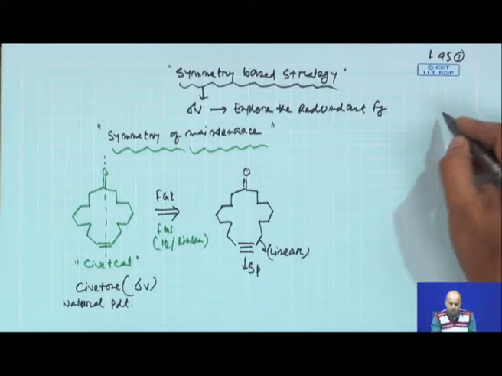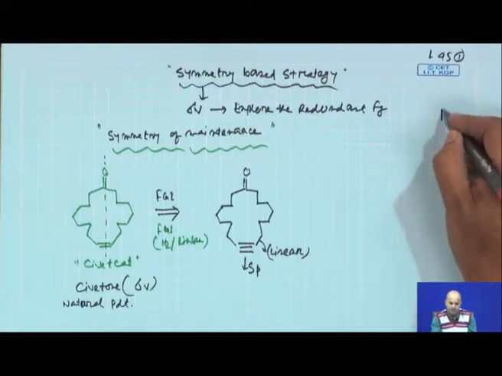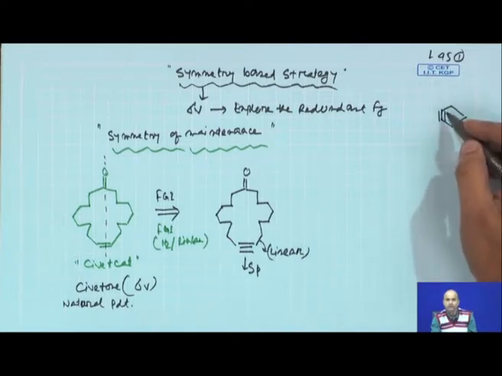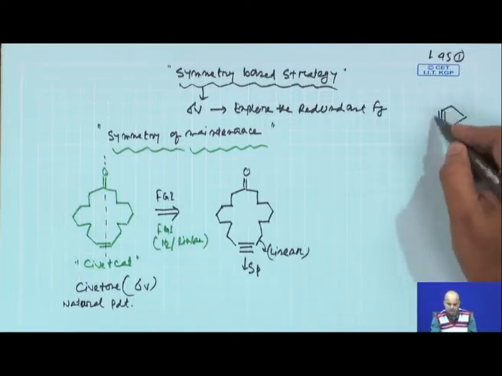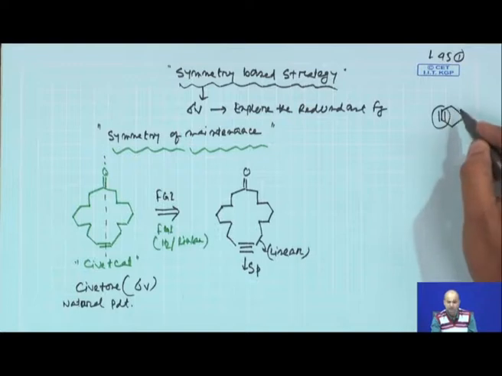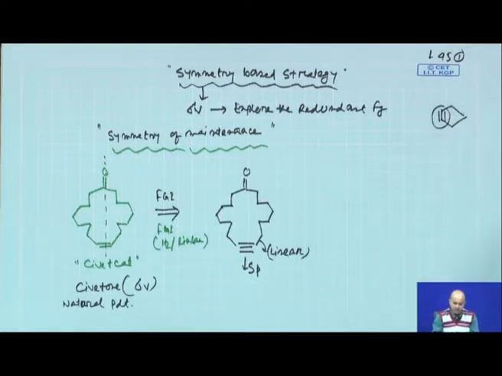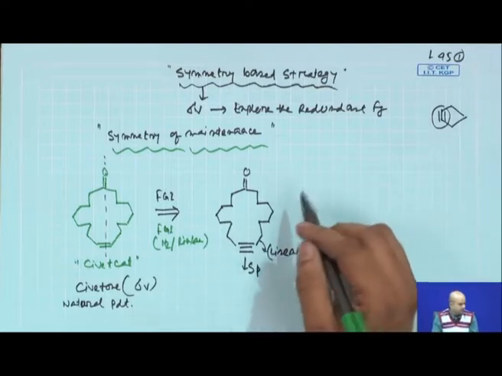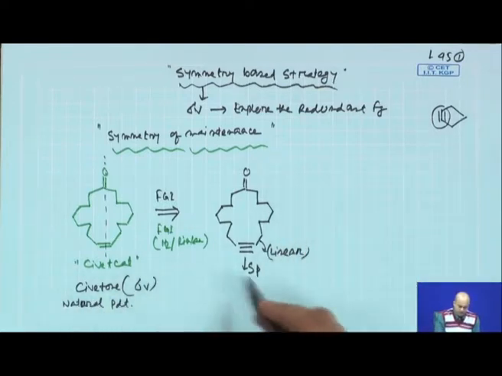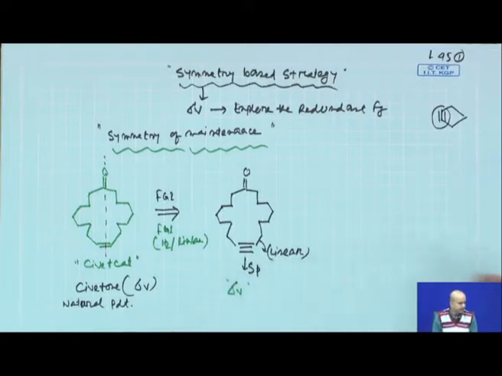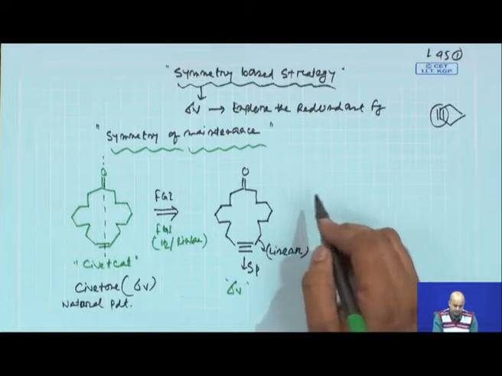But for normal rings, like a cyclopentane kind of ring, you cannot have an alkyne due to severe ring strain, because sp accommodation in a linear fashion cannot be done in a small ring system. But fine, nevertheless we will keep on using it. Now see, the initial starting material is sigma v, so symmetry was maintained.